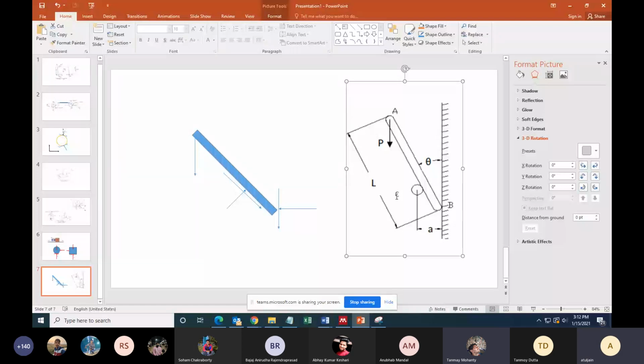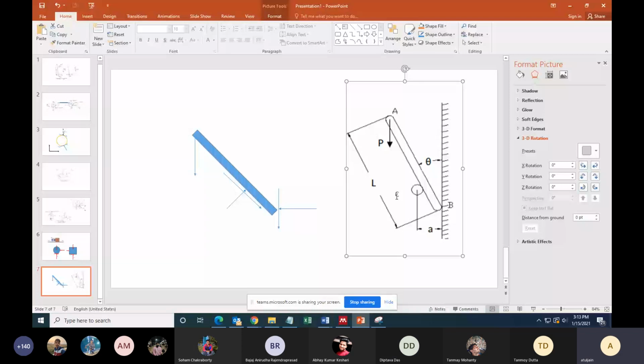Sir, mg का टॉर्क भी तो आएगा ना? Massless. Mass is not given. Okay.